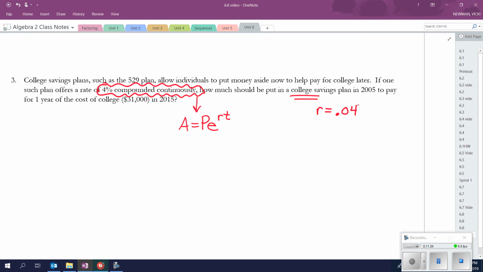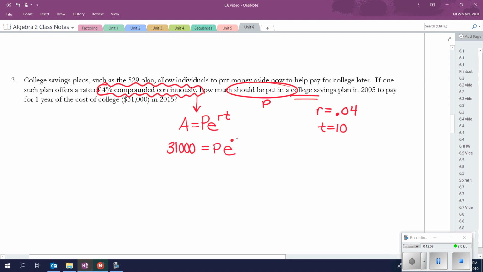How much should we put in? So it's asking for P, and it's saying we're going to put that money in 2005, and we're going to take it out in 2015. So it's telling us that time is 10 years. E is just E, 2.71-ish. So we want $31,000 in an account after 10 years at an interest rate of 4%.